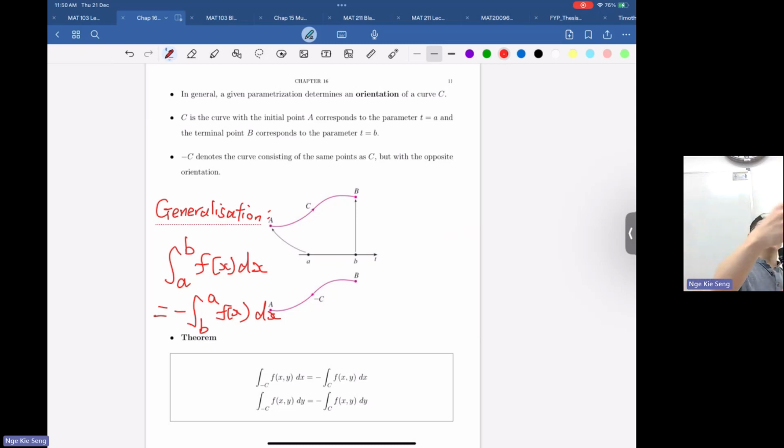So if you change the orientation of the curve, it's just a negative of the integral of the original curve. So for the orientation of the line, there are only two ways. Either you go to the left or you go to the right. Go forward or go backward. So when I change the orientation, meaning I change from forward to backward or backward to forward.